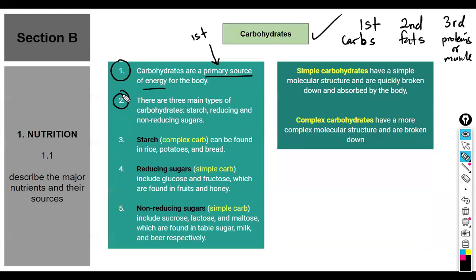You won't understand everything as yet. In the exam, if they ask you for the three major types of carbohydrates, one is starch, the other one is called a reducing sugar, and the opposite of a reducing sugar is a non-reducing sugar. You're going to have to memorize that for the exam.